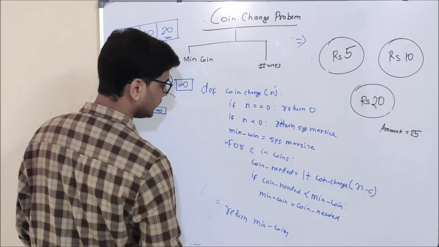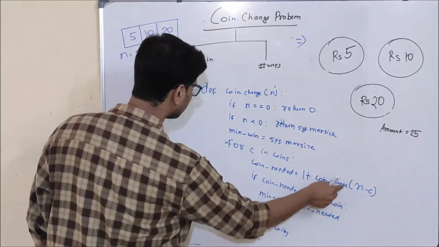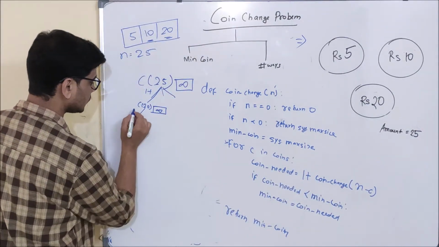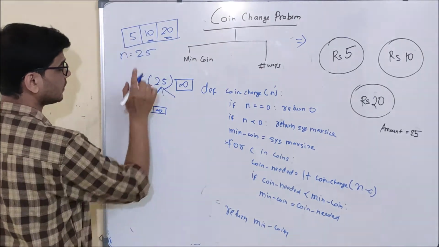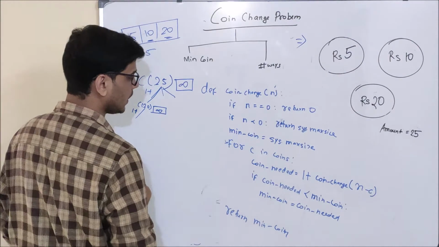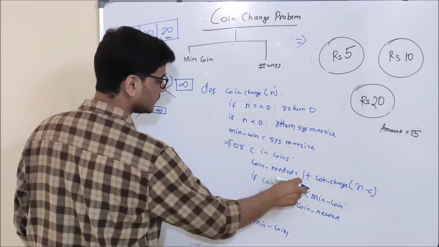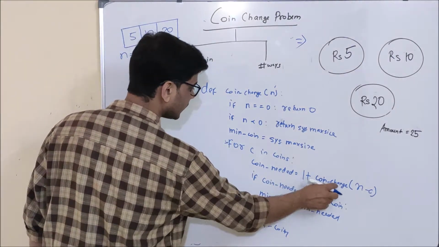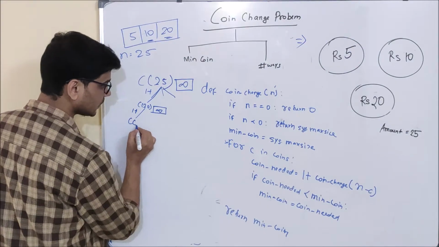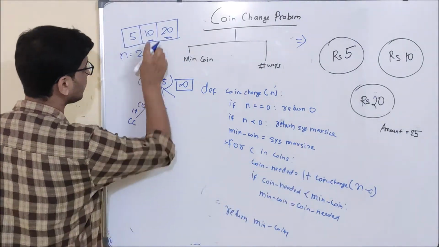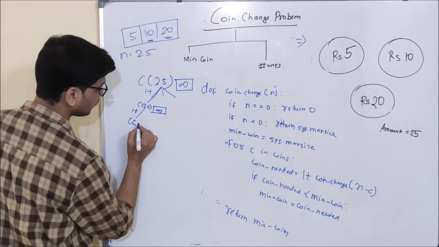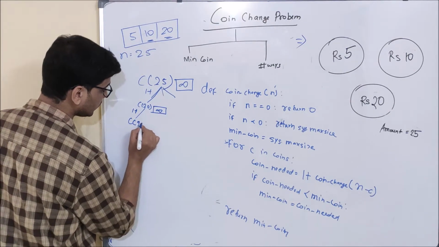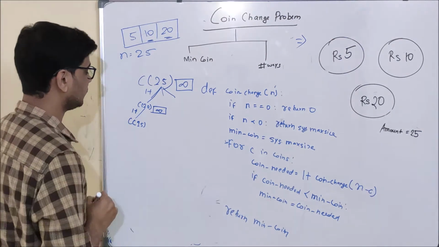It will create a coin needed variable which will be equal to 1 plus, that is, I am trying this particular coin, and the coin I have taken is 1. When I take this particular coin, I will make a recursive call to coin change of n minus c. N is 20 and c is 5. So I will make a recursive call to C of 15.